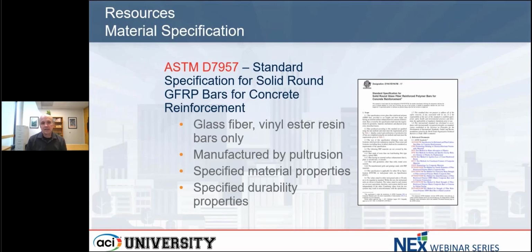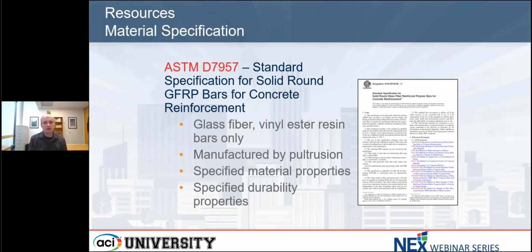But at the end of the day, where we are right now is we have a material specification which specifies all of the minimum properties for FRP bars. So this material specification really allows engineers and designers to use this standard specification and specify, as long as the bars meet ASTM D7957, then they are appropriate to be used on a project site.